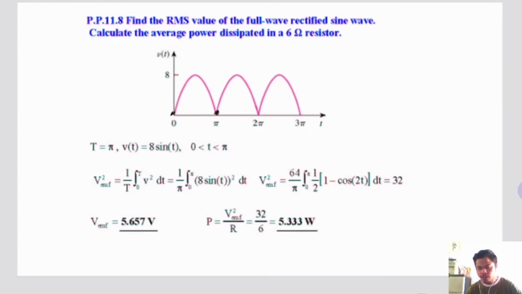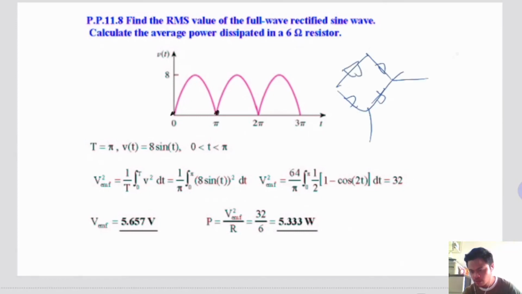Another example: you have to find the RMS value of the full wave rectified sine wave. This happens most of the time if we have a bridge rectifier, where we need to transform AC to DC.